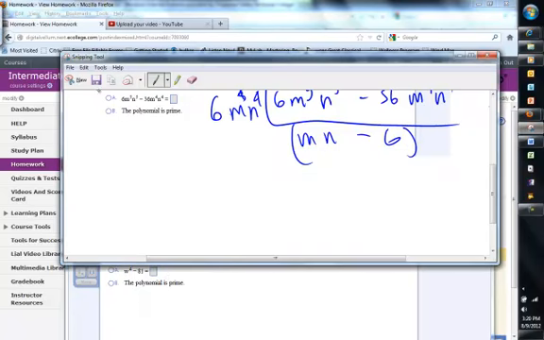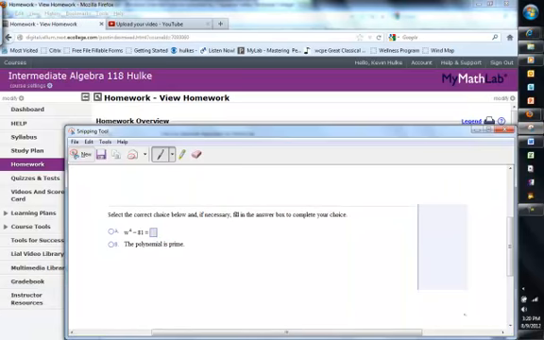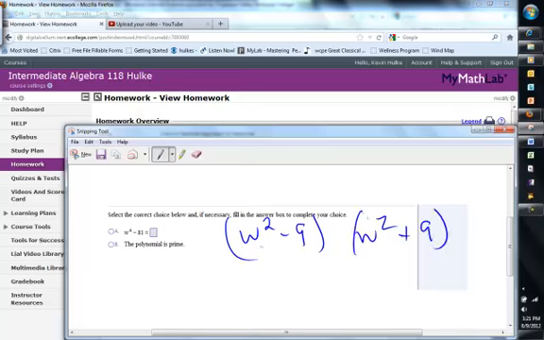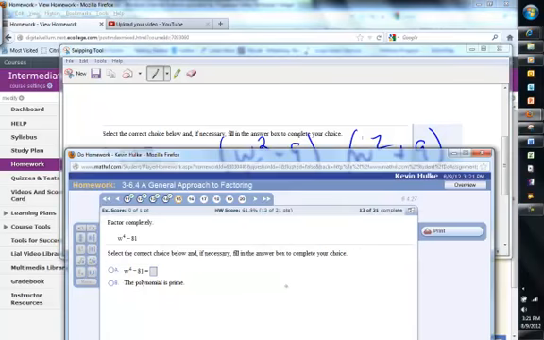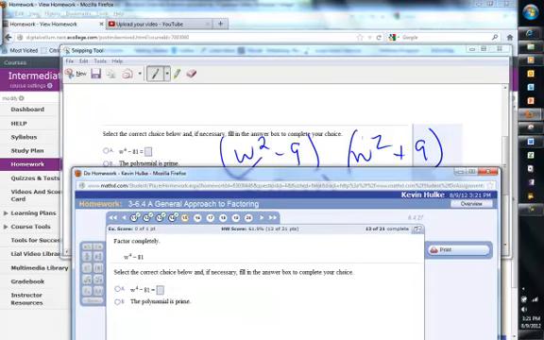This one, we've done this problem before, and the easy part is it's a difference of two squares, w squared minus 9, w squared plus 9. The problem is some people stop there. This also is factorable into w minus 3, w plus 3. That's where people go wrong, they forget that that first part is factorable again.